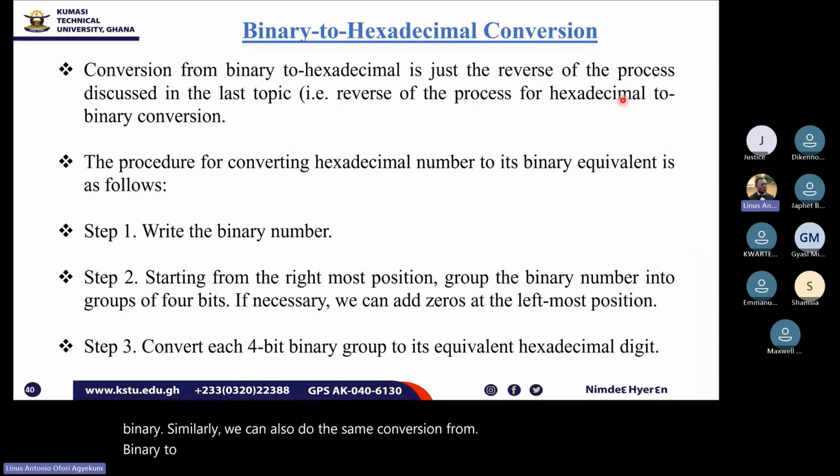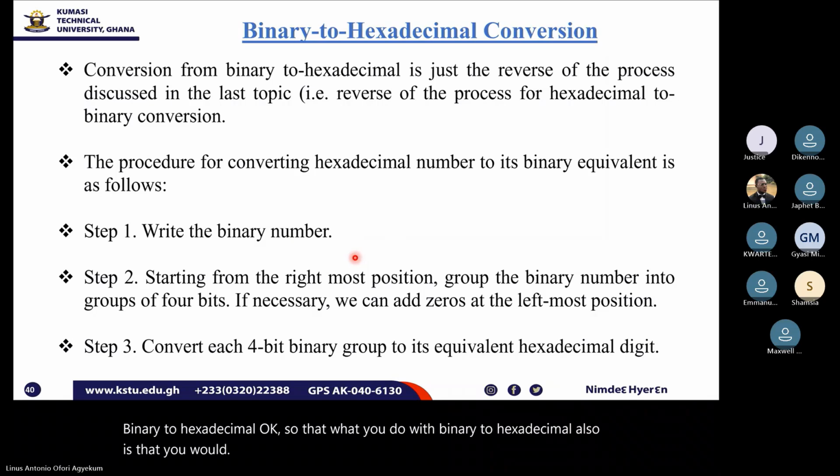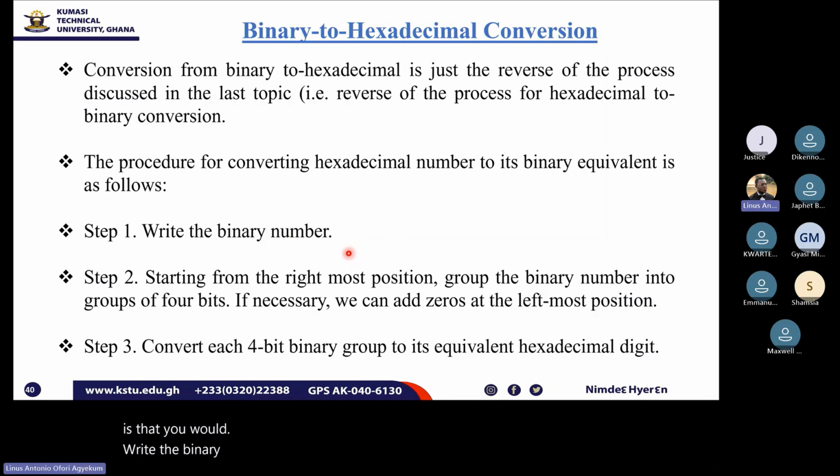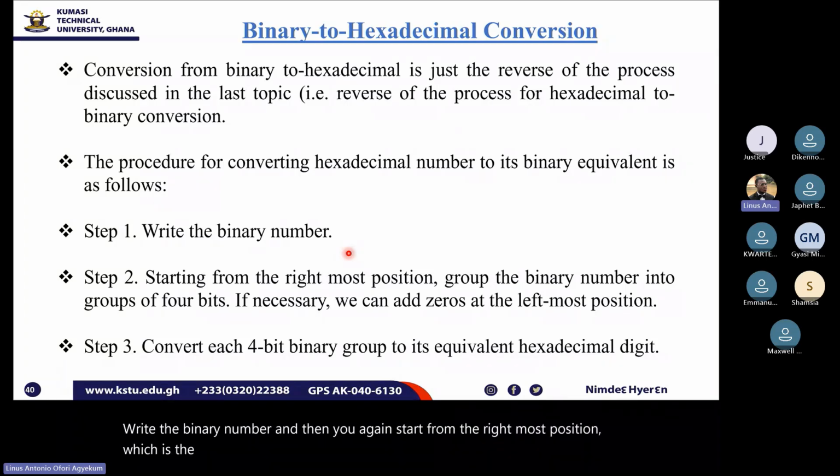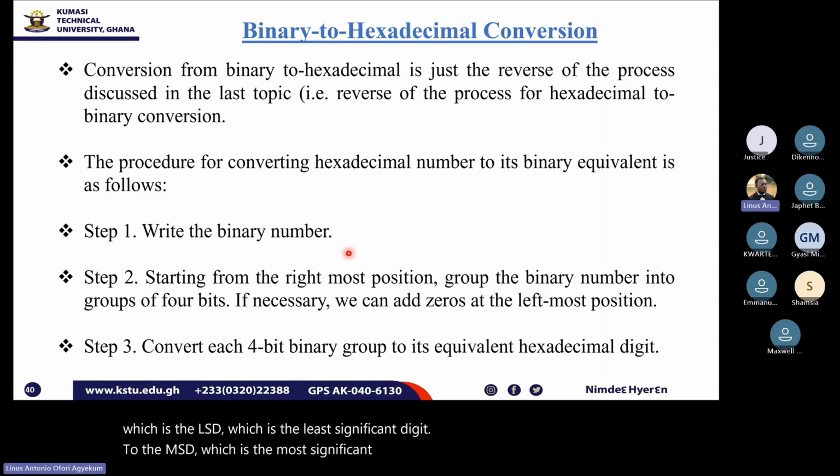What you do with binary to hexadecimal is that you write the binary number, and then you start from the rightmost position, which is the LSD, the least significant digit, to the MSD, the most significant digit. Then you group the binary into groups of 4 bits.